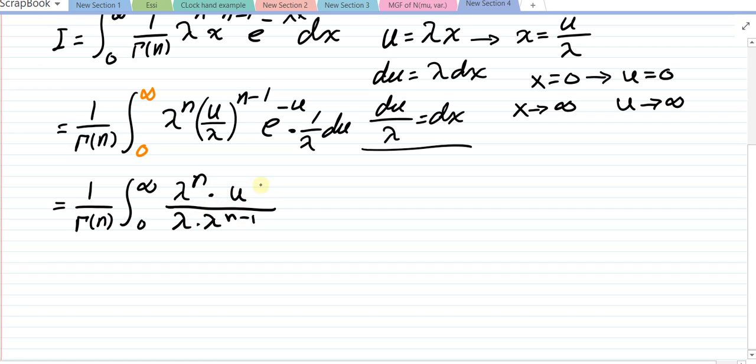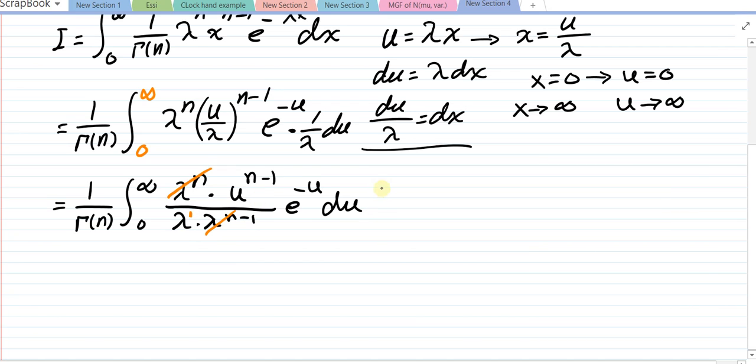Then I'm going to separate the numerator of the fraction to u to the n minus 1, e to negative u du. Now if I work all of the lambdas here, lambda to the n crosses with lambda to the n minus 1, and lambda to the first times lambda to the negative 1 adds to lambda to the 0, which is 1. So all of the lambdas practically cancel out.